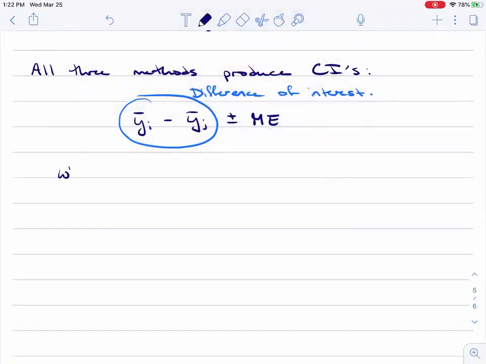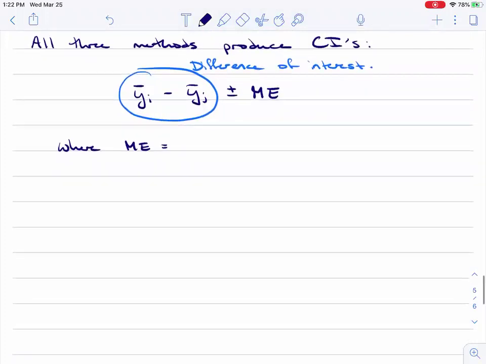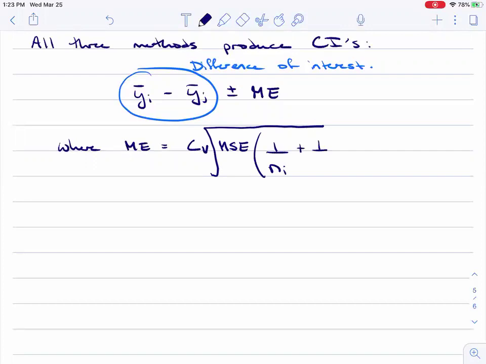So where the margin of error is some critical value. Now here's where I disagree with the textbook. I actually don't like to have 2 letters. So I'm just going to call it a C subscript V, for critical value, which for some reason I have a hard time saying, but anyways, doesn't matter. Times the square root of the mean squared error times 1 over ni plus 1 over nj.